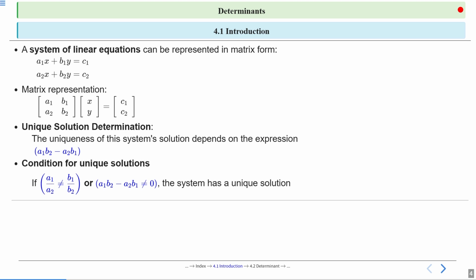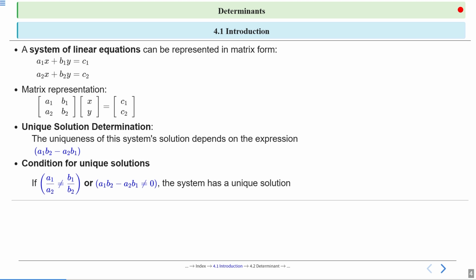Okay. So if we have a system of linear equations, we can solve it algebraically or by any other method, and find the values of x and y. And we can write it in matrix form, that is a1 b1 a2 b2, times x y, equal to the matrix c1 c2.